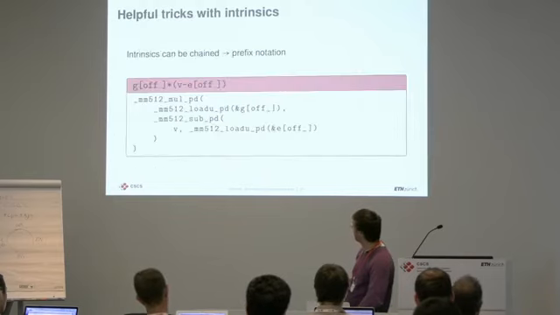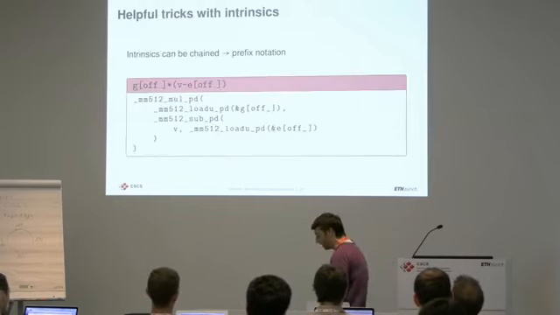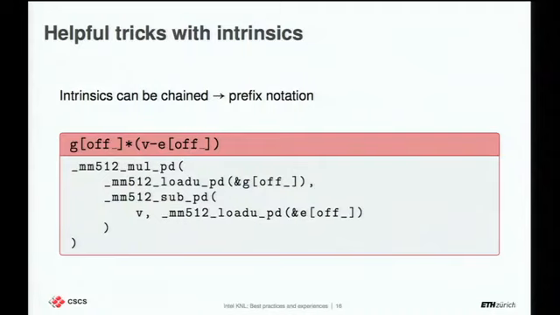Some things that I found helpful during this process: first of all, I saw some examples where intrinsic coding was basically like assembly. You load the variable, then you add two register variables. But actually, I found it very useful that you can change the notation, because it's like a prefix notation.